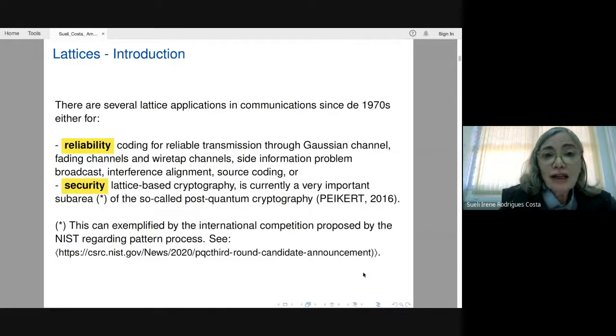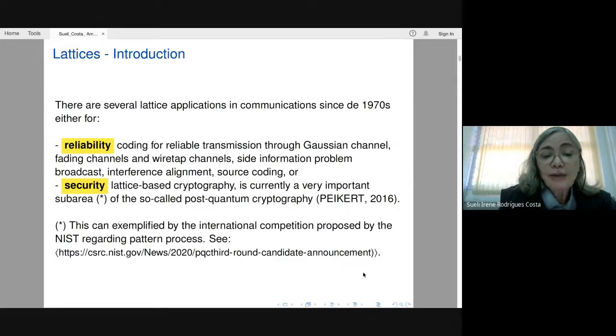So, there are several lattice applications in communications since the 70s, at least. And these applications are related to both the reliability of transmission and the security of transmission, right? For different kinds of channels.